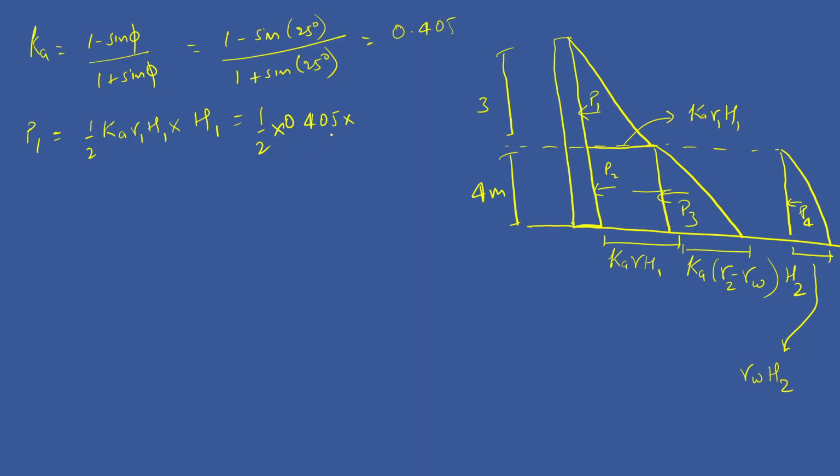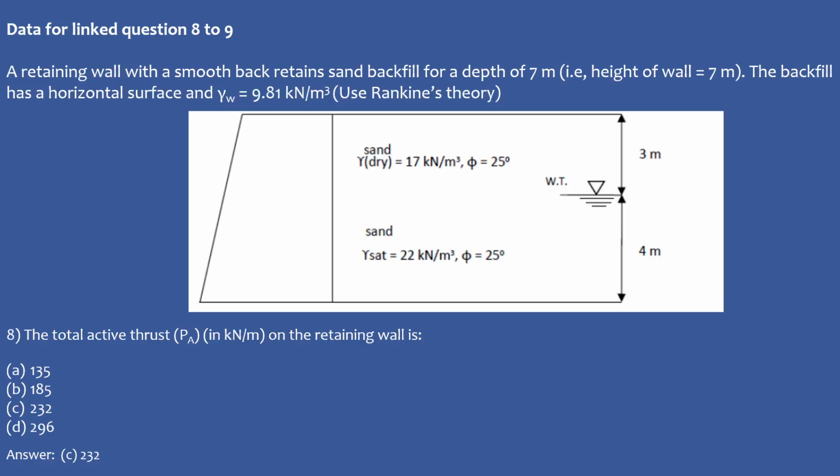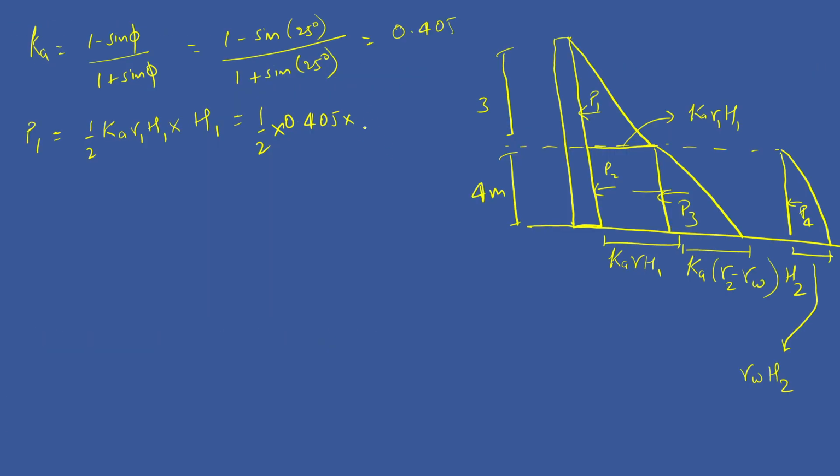Half into 0.405, gamma 1 is 17 kilonewton per meter cube, and then you have H1 square, which is 3 square. So 0.405 into 17 into 9, and that is 30.98 kilonewton.